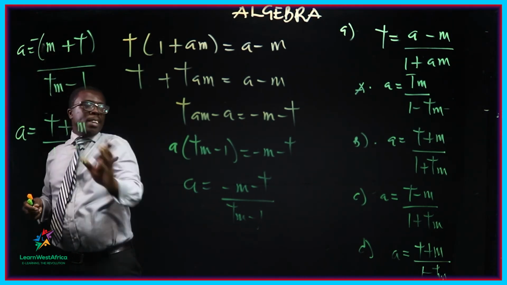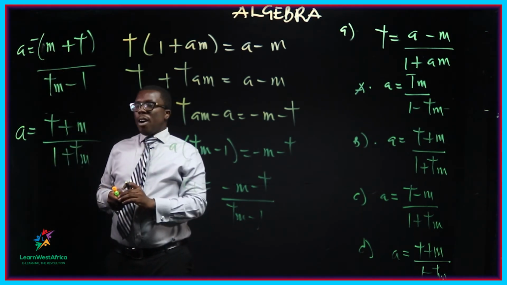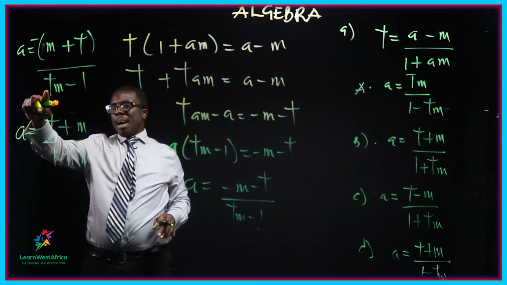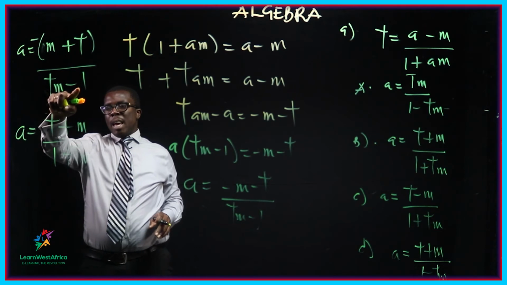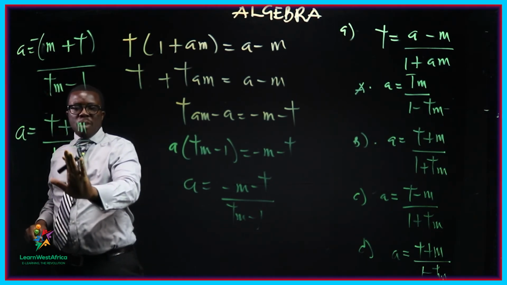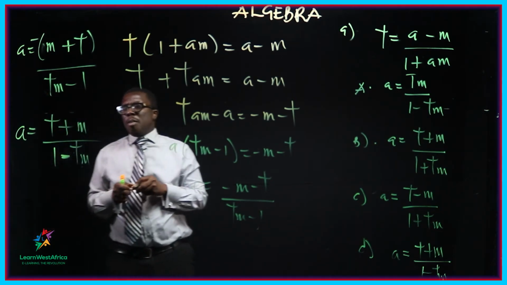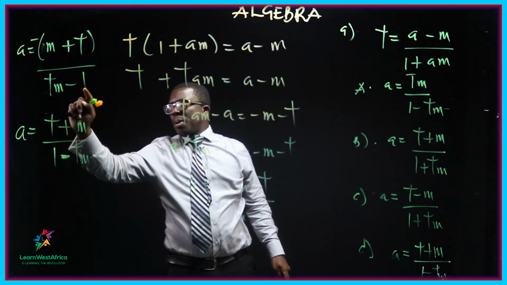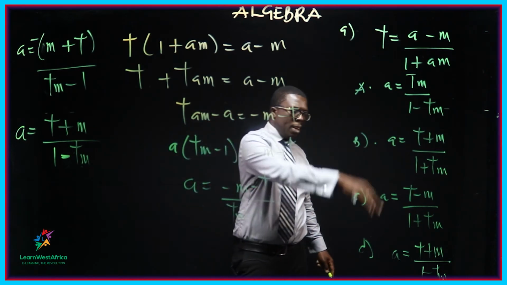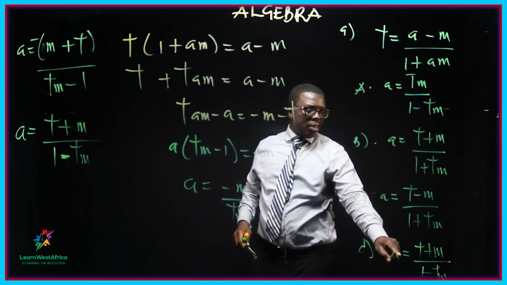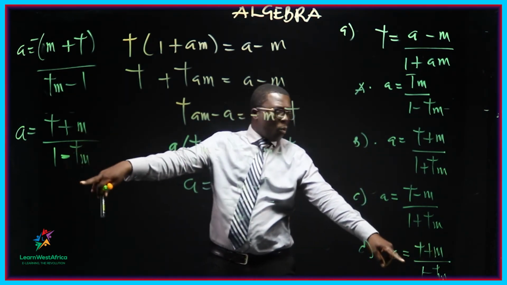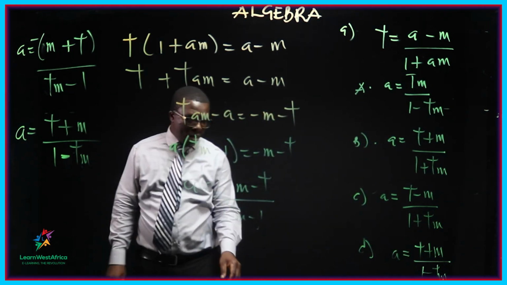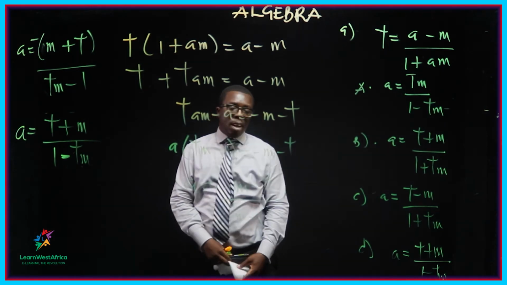We are going to have negative here, so the denominator has a minus tm, and it becomes 1 minus tm. The negative comes with it into 1 minus tm. So the answer is D: a is equal to t plus m over 1 minus tm. That is question 9.